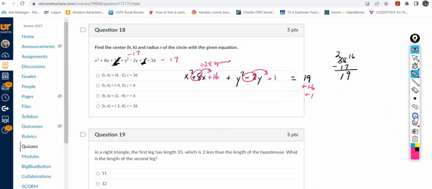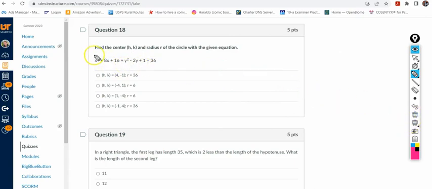Okay, so this one was actually already set up for us, so I could go ahead and just put them like this, without having to put the constant to the other side. Usually they won't have it that nice for you. This can be factored. Two numbers that multiply together to give me 16, but at the same time add up to give me 8.